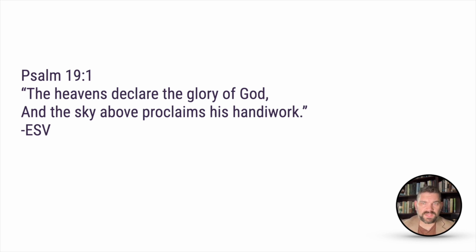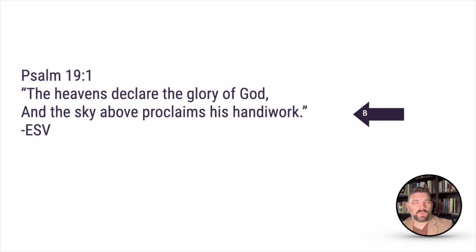This is from the ESV, but you'll notice this first line talks about the heavens declaring the glory of God. Okay, so what does the second line do? The sky proclaims his handiwork. So these things are synonymous: heaven, sky, the glory of God, God's handiwork. So we see this parallelism where we have kind of the same idea repeated in different ways. So the ideas rhyme in parallelism.